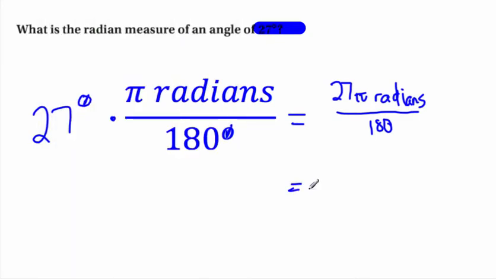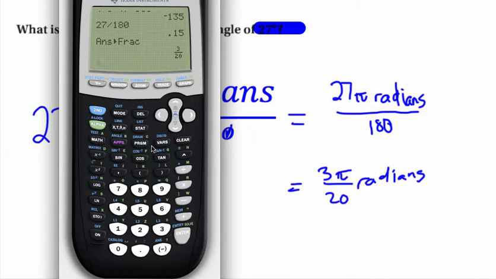So I can either do 3 pi over 20 radians, or I can literally type this in and give a decimal approximation. I believe we'll go to the thousandths on this. So I'm going to do open parentheses 3 pi divided by 20.